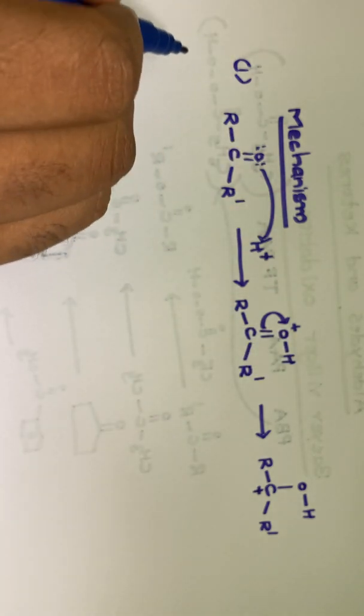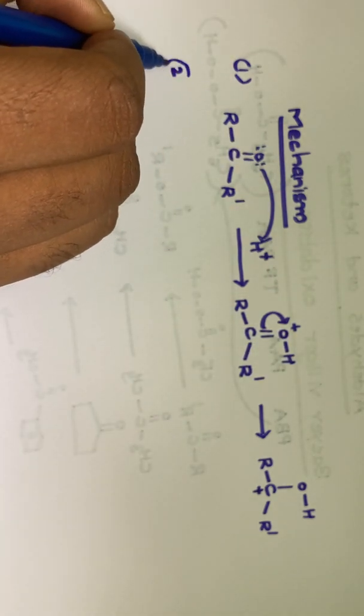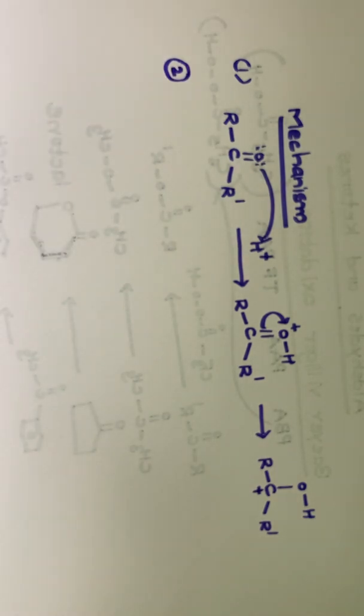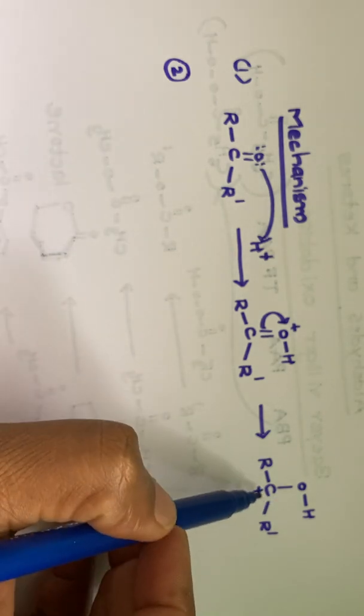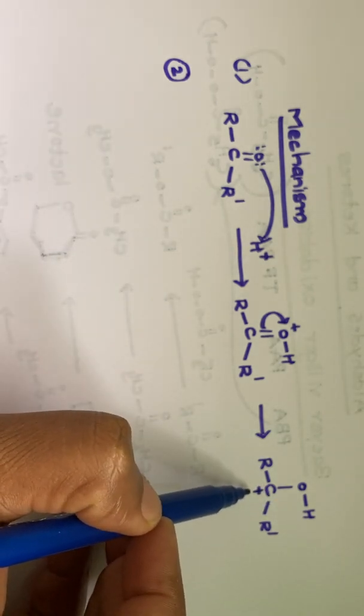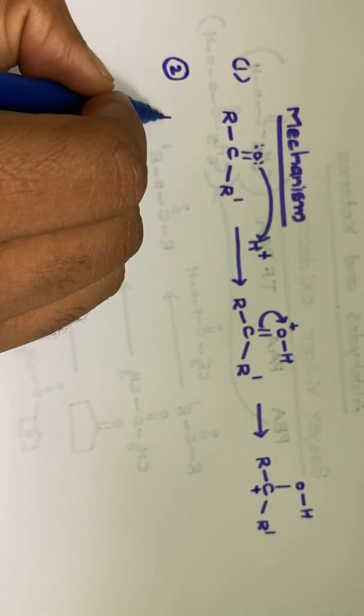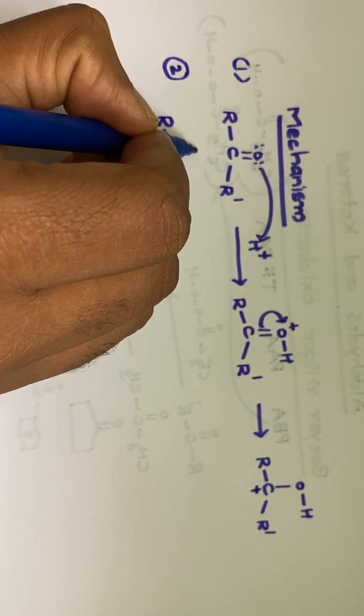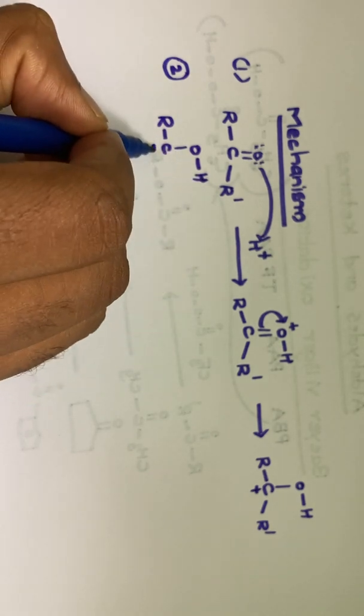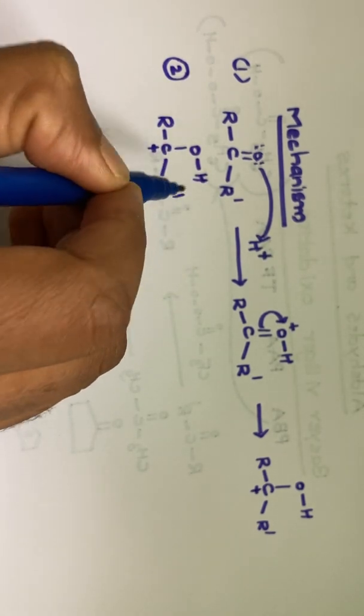Now the next step is nucleophilic attack of the peroxyacid at the carbonyl carbon. So this is now positively charged, and the peroxyacid attacks this.